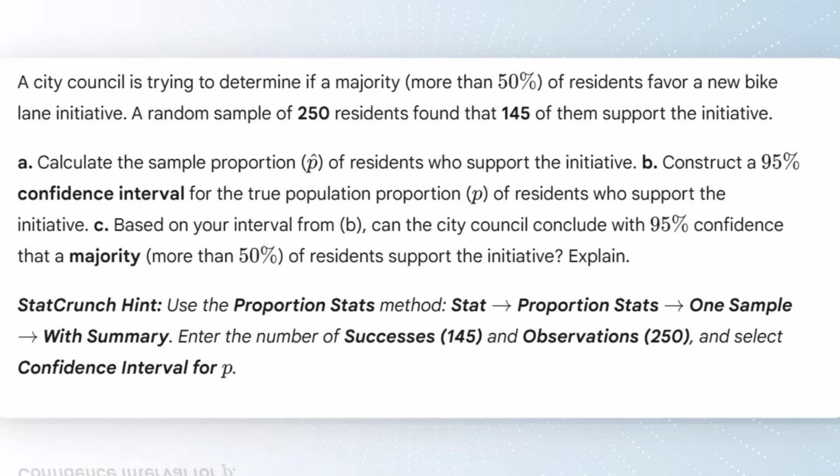Calculate the sample proportion p hat of residents who support the initiative. The sample proportion p hat means 145 is what percent of 250. So you just divide 145 by 250 and you get the sample proportion.